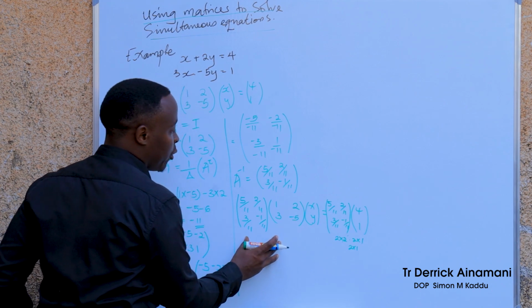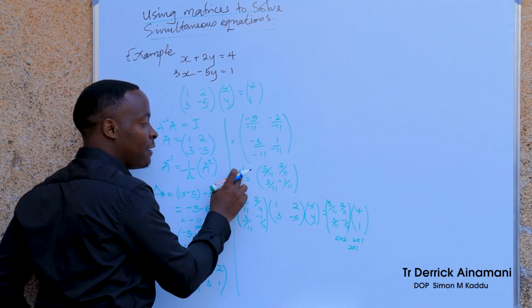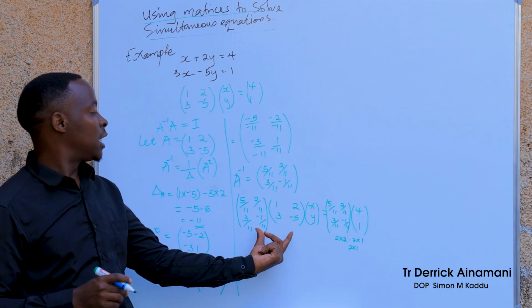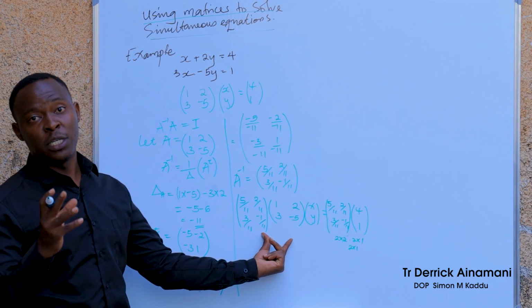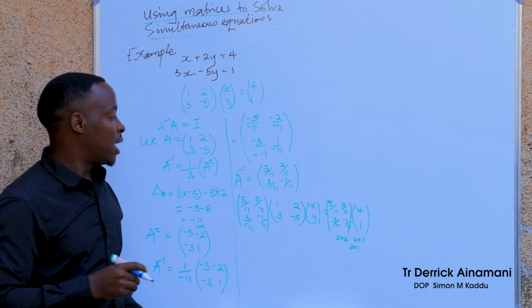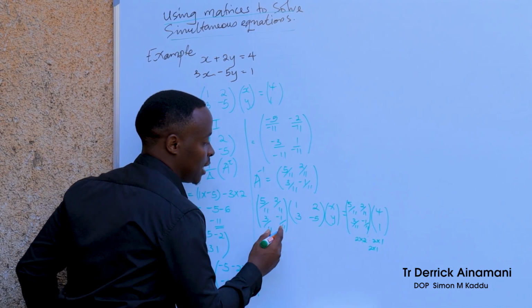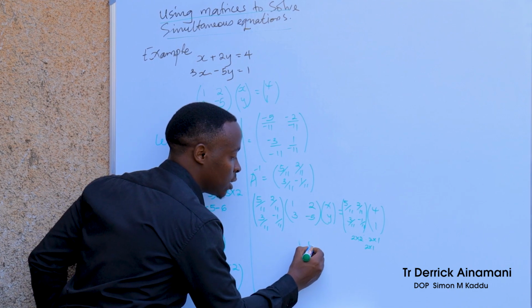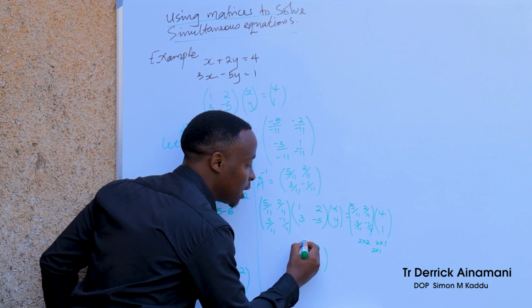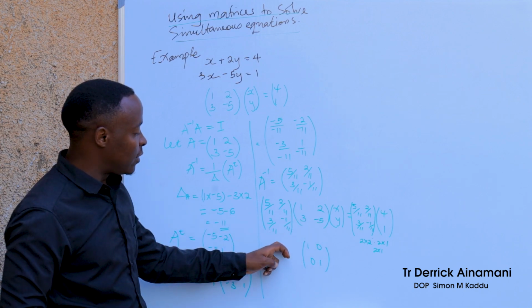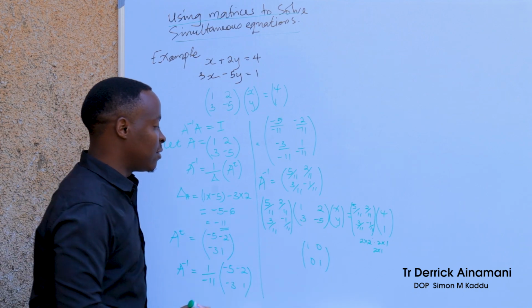But from our formula, this is A and this is A inverse. So from our formula, this multiplication should give us an identity matrix. Now the identity matrix, we talked about it earlier. The identity matrix here would be 1, 0, 0, 1. This is automatic: a matrix times its inverse, you always get the identity matrix.